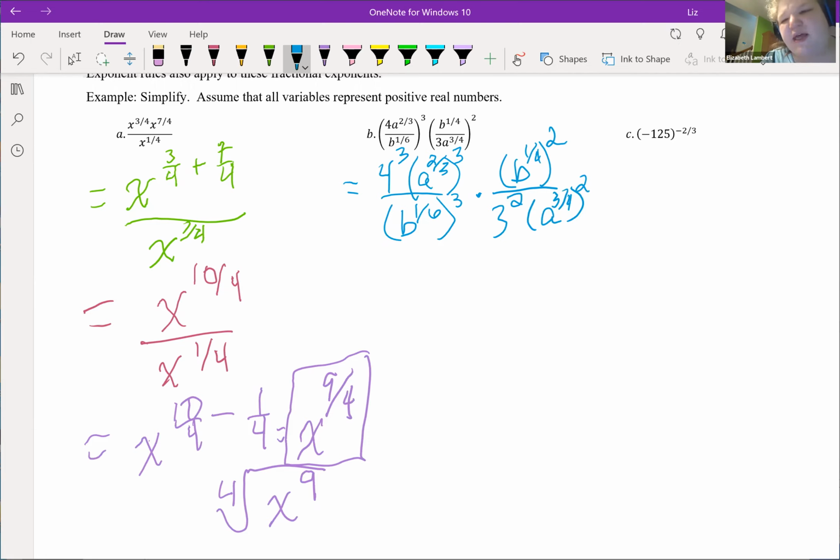Now, if that 4 or that 3 was negative, then I would also write that in parentheses. And if you want to write the 3 and 4 in parentheses, you can. I am not doing so because I will run out of room and my handwriting on this screen is not as good as I would like yet.